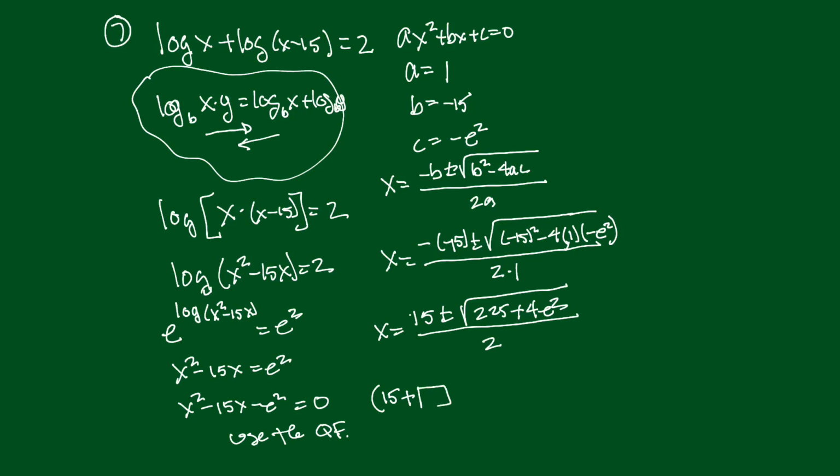So I need to press second, and then way off to the left, the x squared key. As I start typing, the square root bar on the top will expand. So what I'm going to put in here is the 225. Type in 225, and then plus 4.